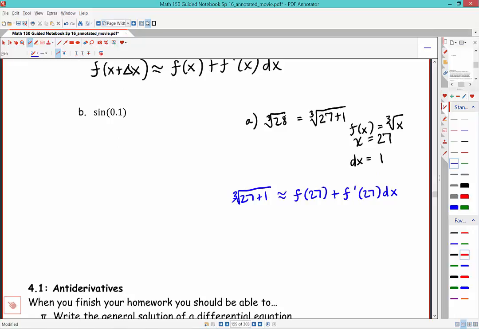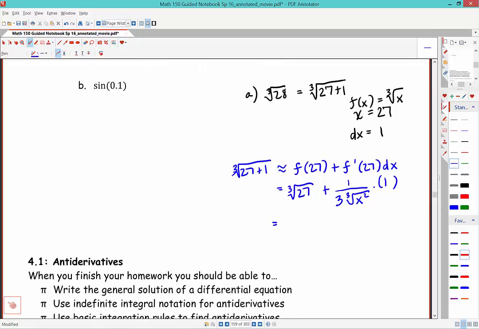So this would be the cube root of 27, and then plus 1 over 3 times the cube root of x squared, right, for our derivative. And then our dx was times 1.